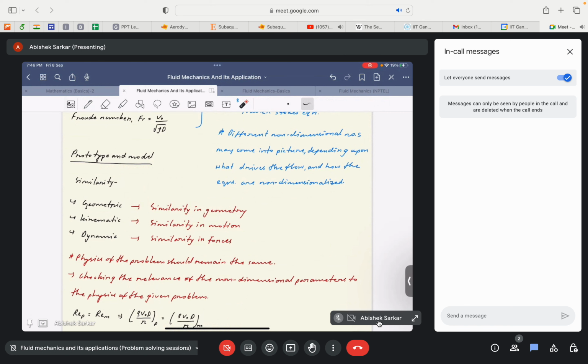I guess that's more than enough for us engineers and researchers to get an idea of how the flow physics works, right? So given that, we emphasize creating similar flow conditions rather than exact flow conditions, and that's why the term similarity comes into picture.